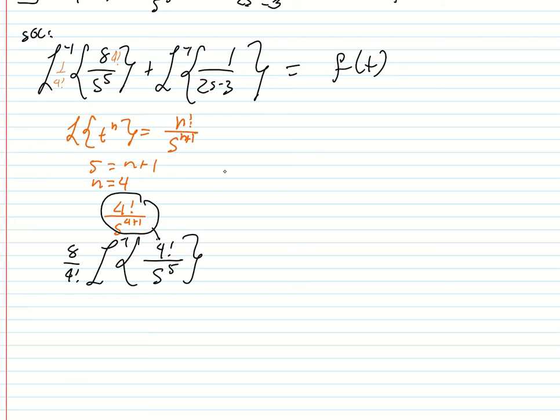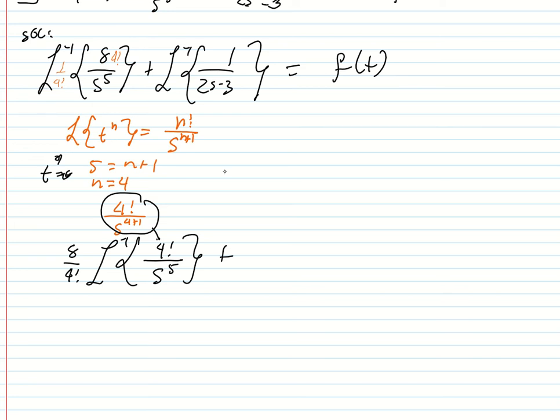And I know that the inverse Laplace that will result to this one will be t raised to 4, because your n now will be equal to 4. Then for the second one, 1 over 2s minus 3, we can still rewrite this so that we can apply directly our formulas in the table.